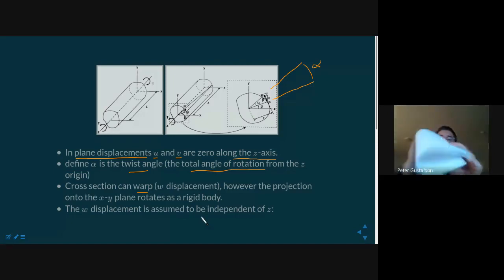I'm folding my paper around on itself, so I'm making a hollow cylinder. This paper is a little bit stickier than I anticipated. Okay, so there I have my hollow cylinder.